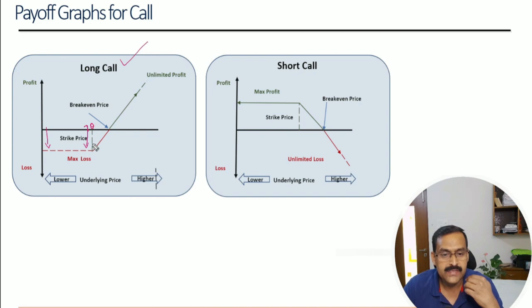Since you have paid this much of premium, the break-even point comes here. So you will not make any money till the market or the instrument goes beyond this break-even point. If the market starts going up from this break-even point, you will continue to make unlimited profit in case of long call option. So this is how the long call option payoff graph works.